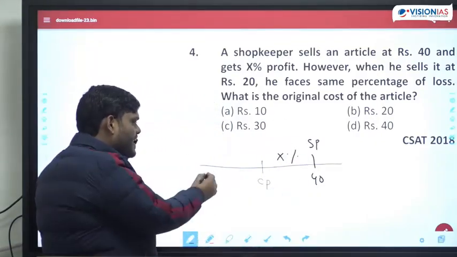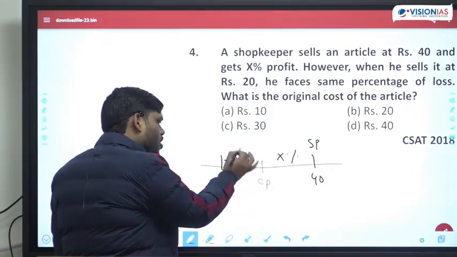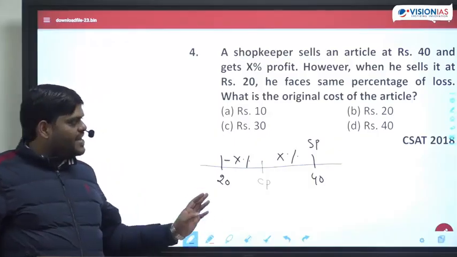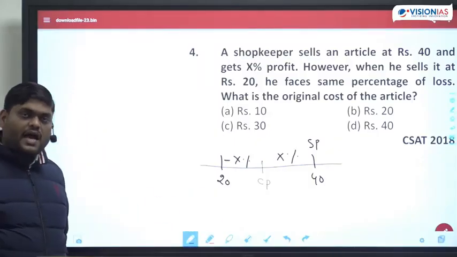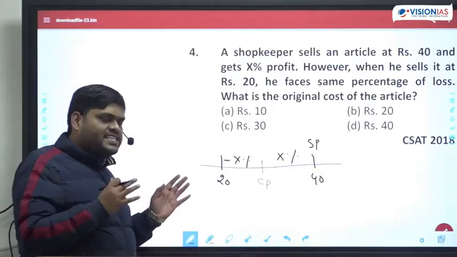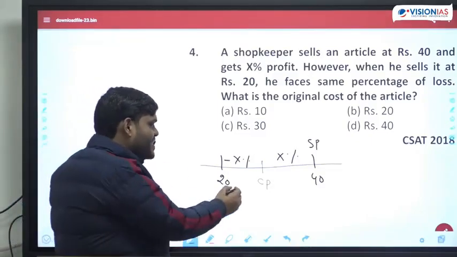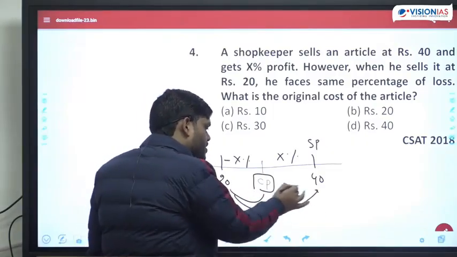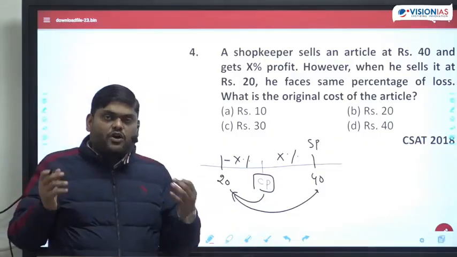And when he is selling at 20 rupees, he is getting X% loss. ठीक है? तो अब तो यार कुछ करना ही नहीं इस क्वेश्चन में. By common sense only we can say that the CP will definitely be in between 20 and 40, or not?